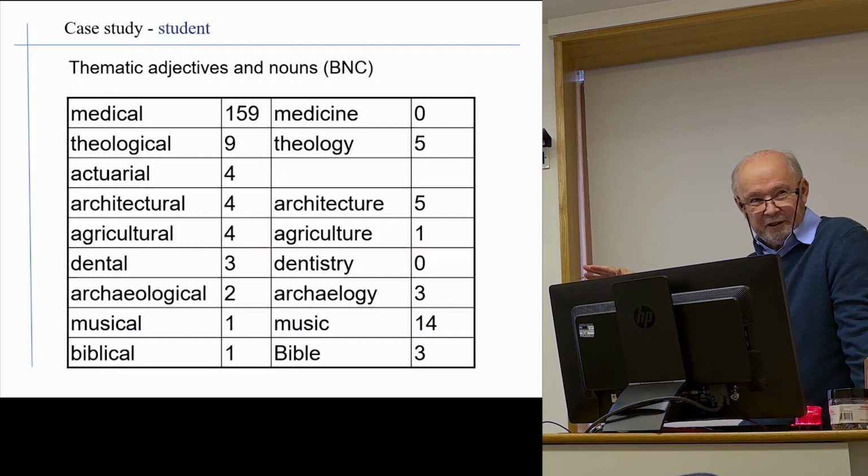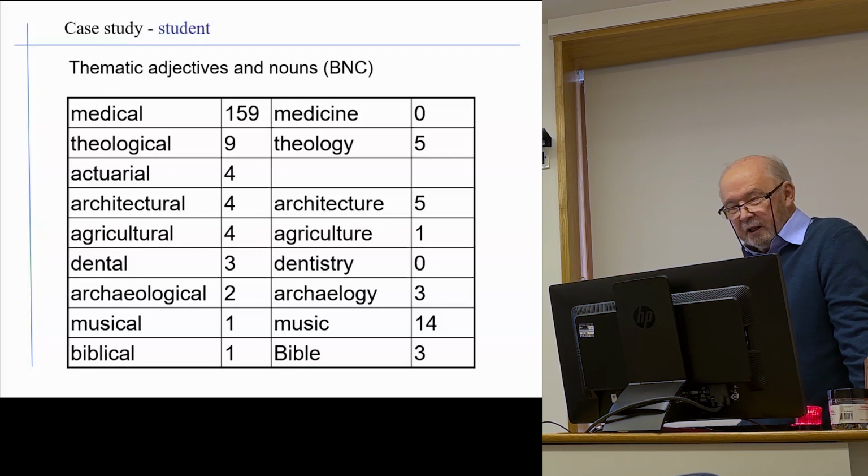Just don't seem to get that. With theology, it's a bit more varied. Theological student, theology student, 9 to 5. Actuarial student, 4 of those. I can't think what you might conceivably have in the noun column there. It's certainly not actuary student.